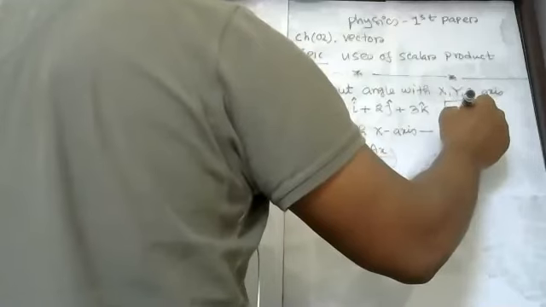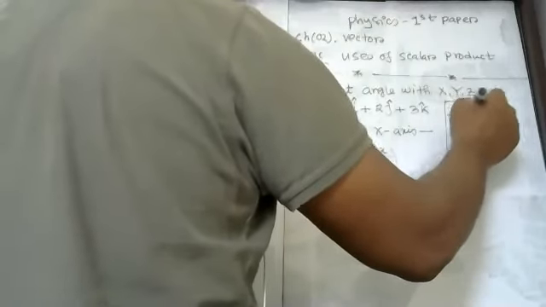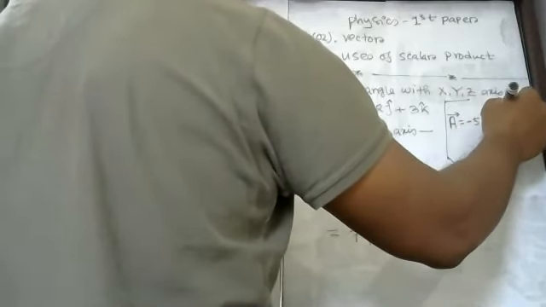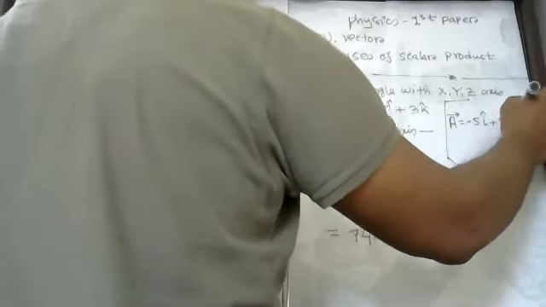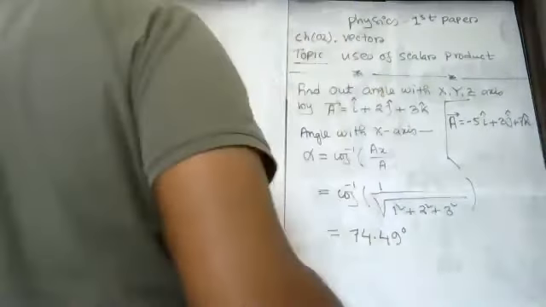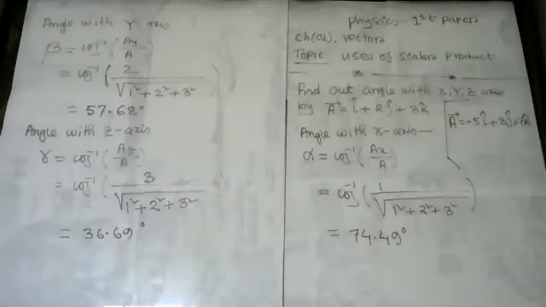Suppose vector A is minus 5i hat plus 3j hat plus 7k hat. Now find out the angle with x, y, z axis in class time.